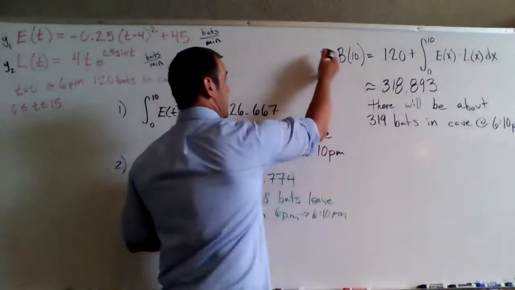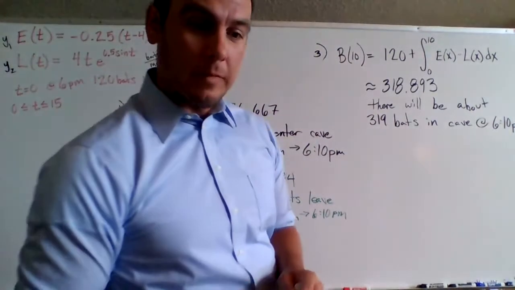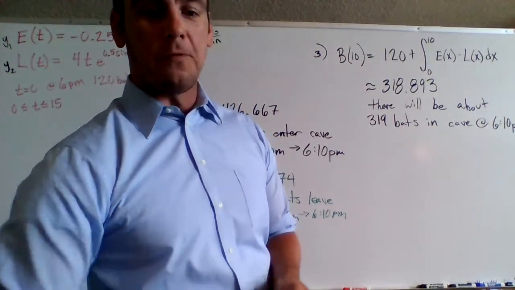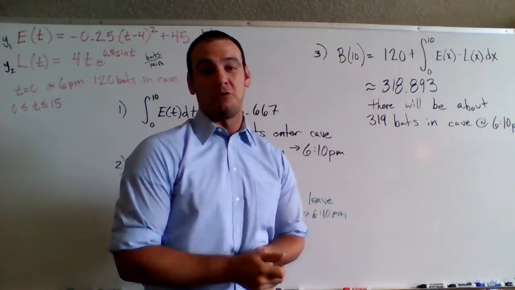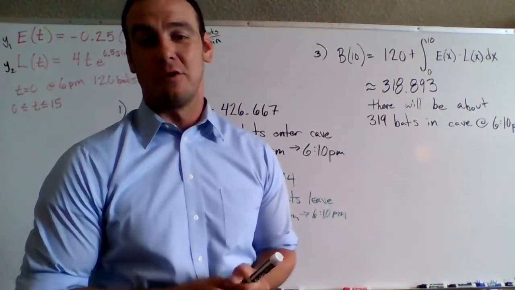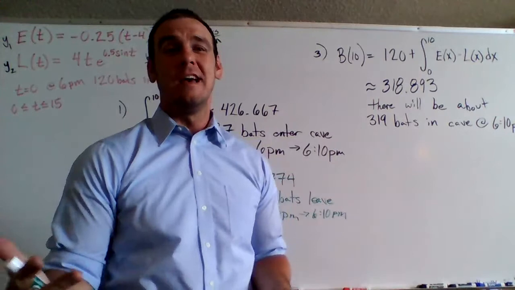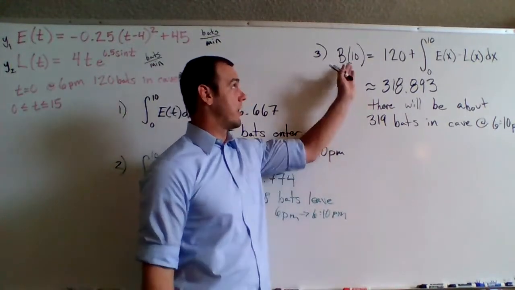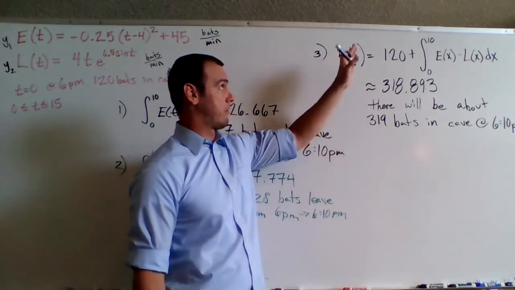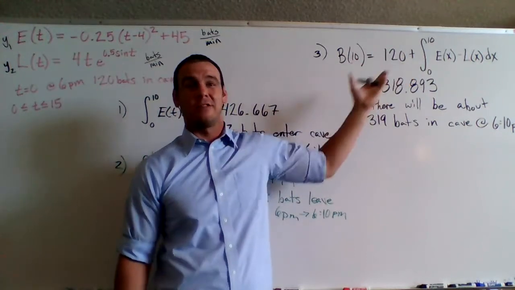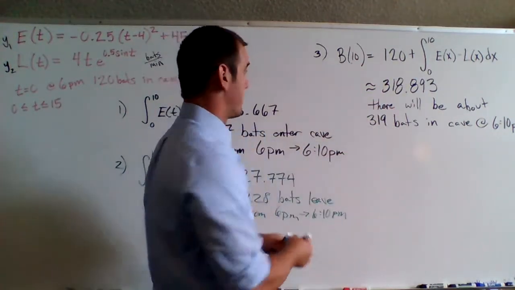Sweet, that was number 3. All right. Number 4, write an expression for B of t that would represent the number of bats in the cave at time t. So we really pretty much already did that. I just need to replace my 10s with a t. Now it's going to work for basically all times.